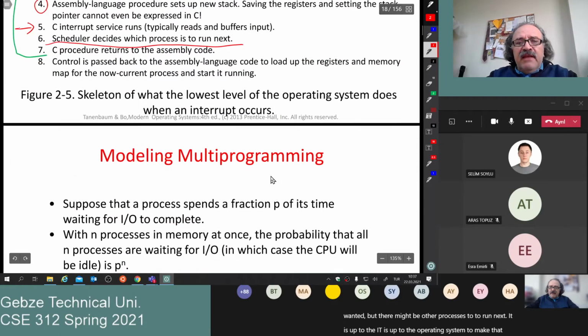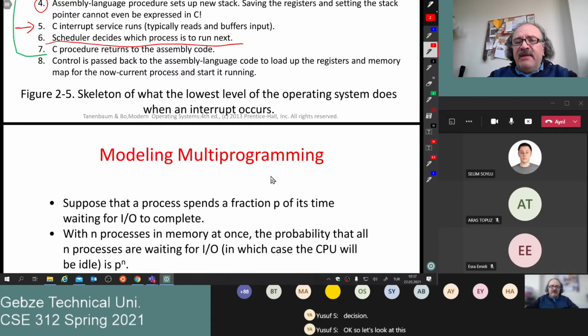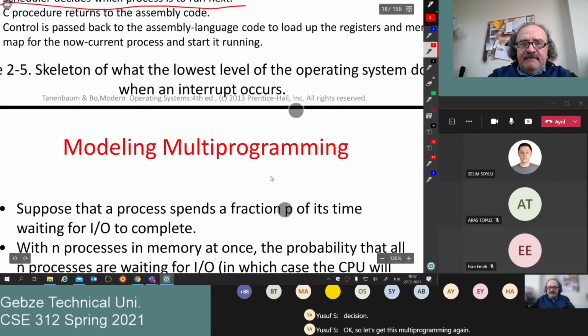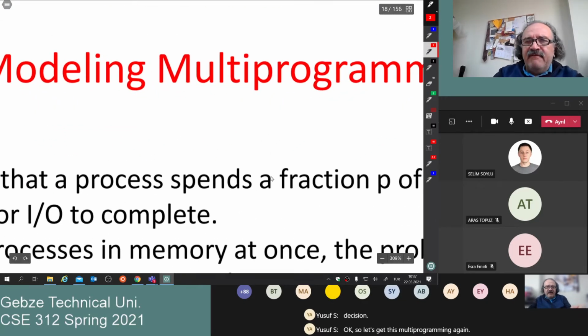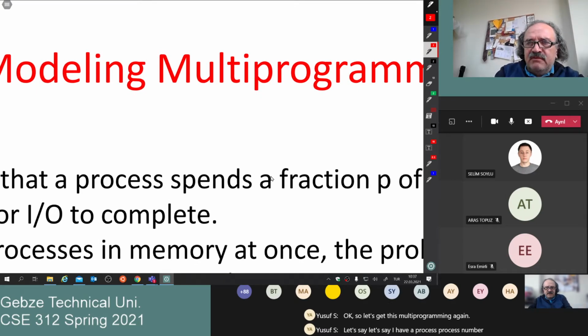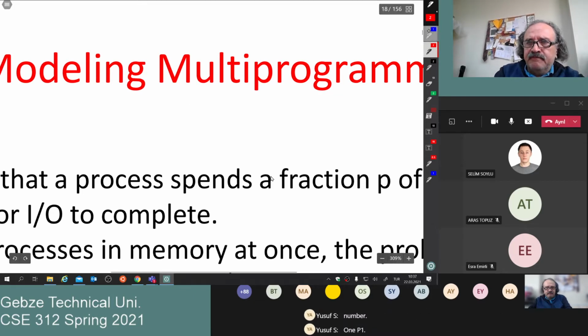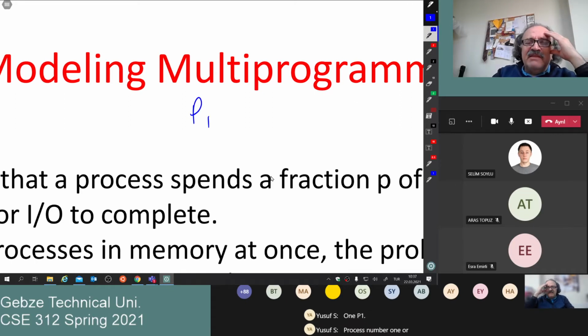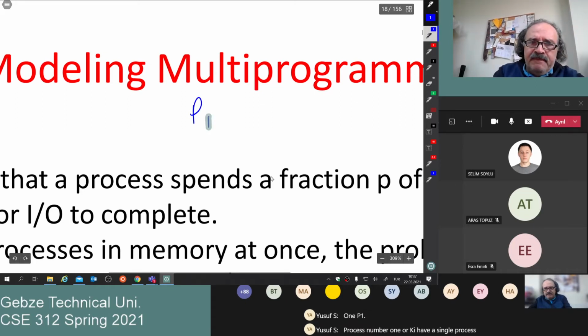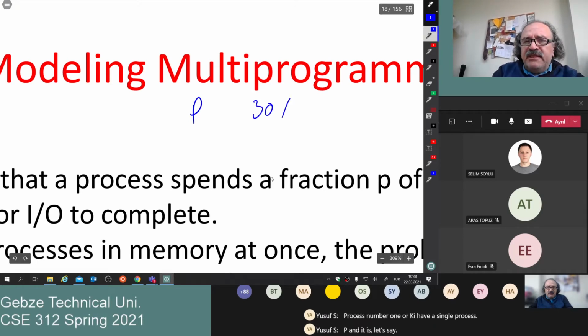Okay, so let's look at this multi-programming again. Let's say I have a single process, P1, and it is, let's say, 30%.